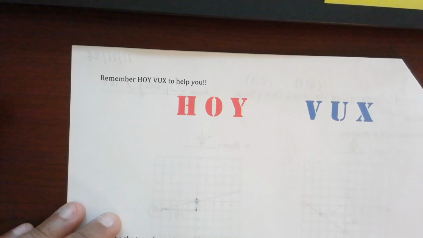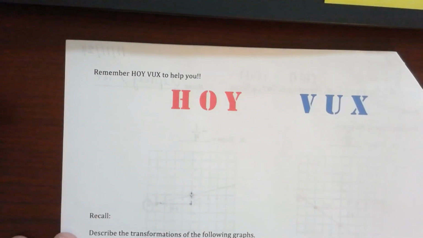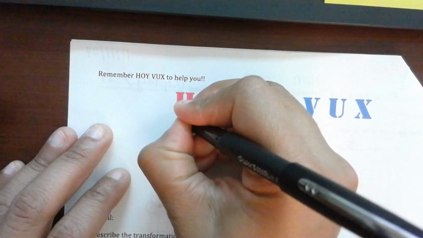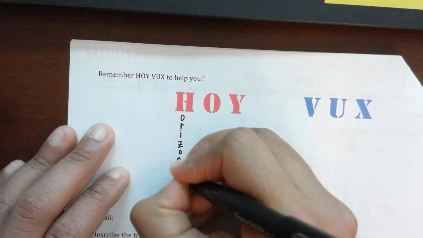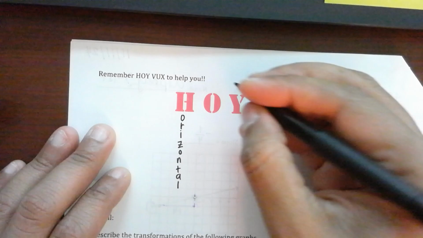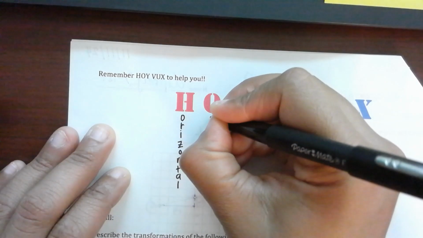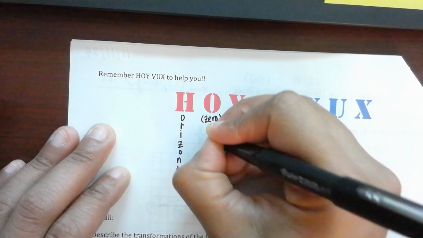So, here's this acronym I was telling you about. Everybody good before I flip? So if I'm looking at this one, H stands for, what do you think? Horizontal. The O stands for 0 slope.